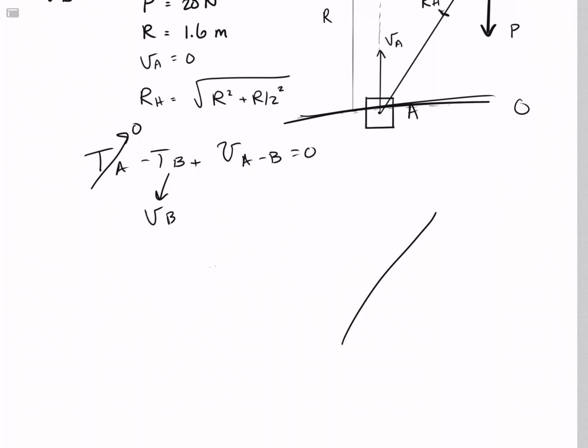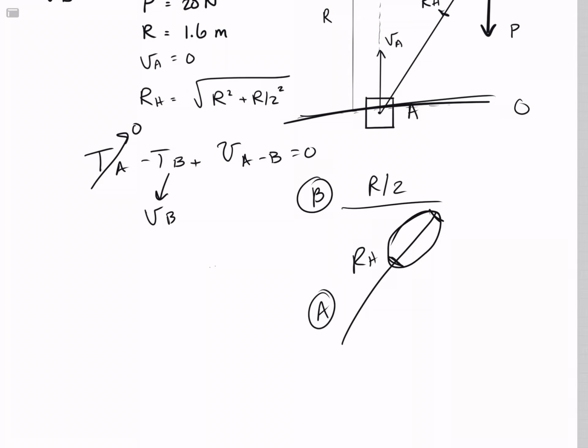So taking a look at this rope, the distance of the rope from A to the pulley is R_H, for hypotenuse, but the leftover rope, once it's traveled its complete distance, is R over 2. So at point 1, or point A, it is the entire rope.